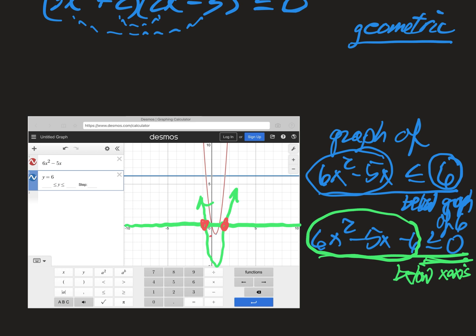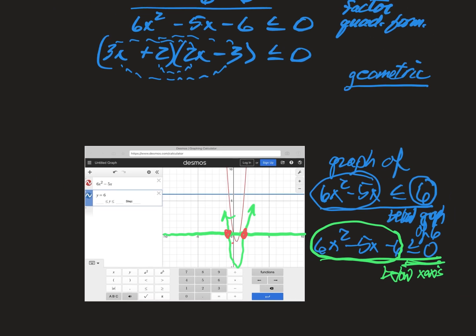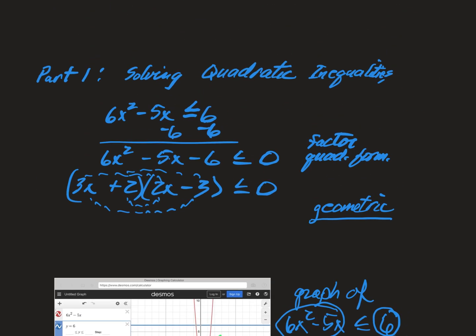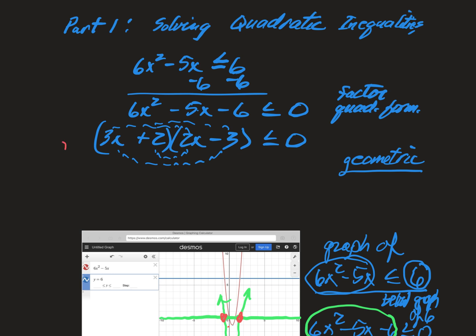And so when we think about solving this problem, what we want to do at this point is really find the x-intercepts. So we take 3x plus 2 equals 0 and 2x minus 3 equals 0.